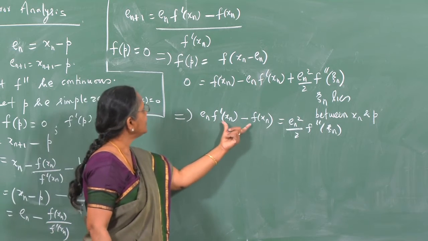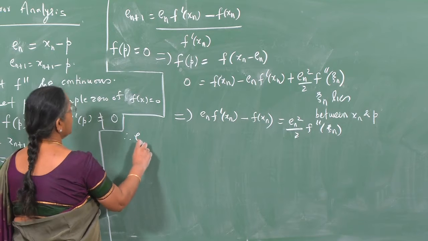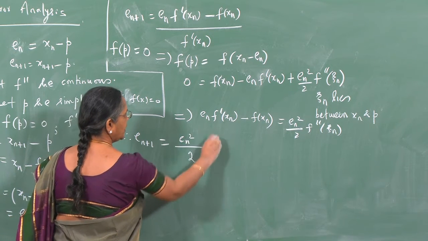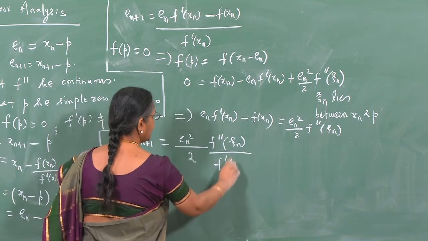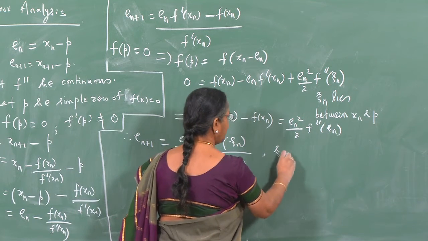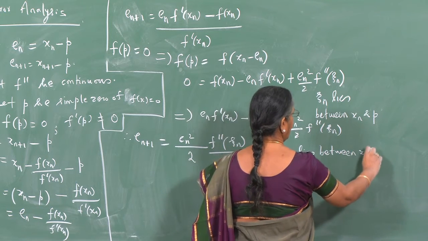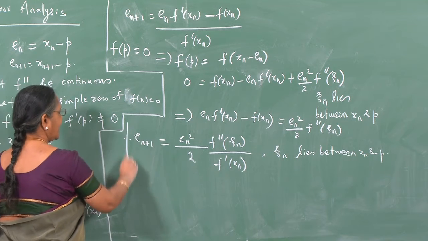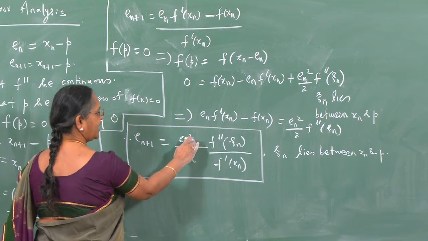And I observe that this is what appears in the numerator here. So, therefore, we have En plus 1 is equal to En square by 2 into f double dashed at psi n divided by f dashed at xn, where psi n lies between xn and p. So, I observe that I have a relationship connecting En plus 1 and En.